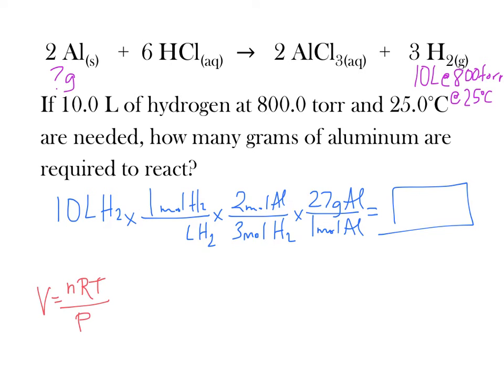V is equal to nRT over P. So since I want the molar volume, I'm going to use 1 mole of hydrogen. I want to know what the volume is going to be instead of 22.4 liters for a mole, 1 single mole. R is always the same number.